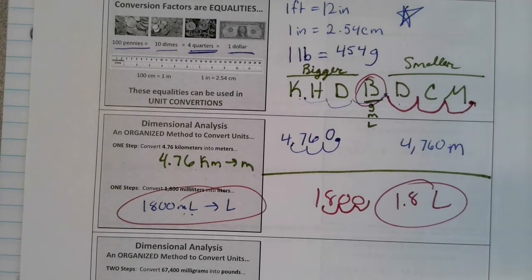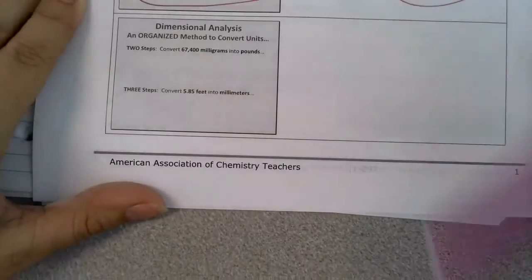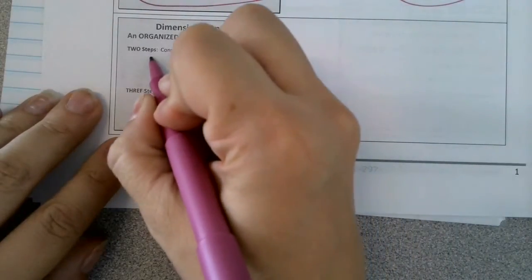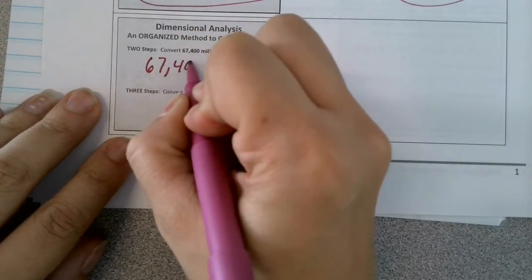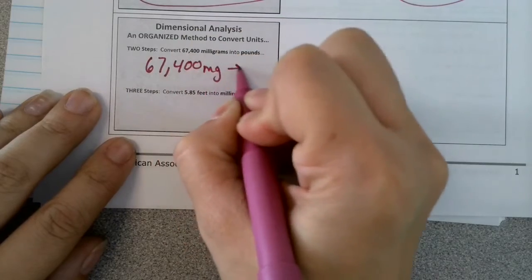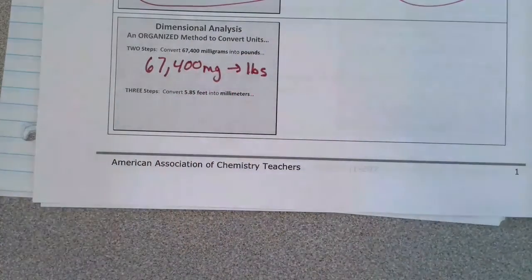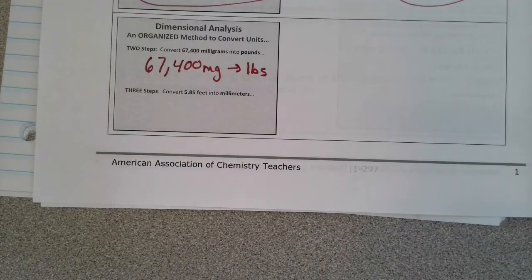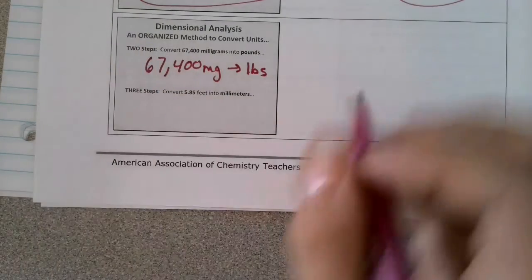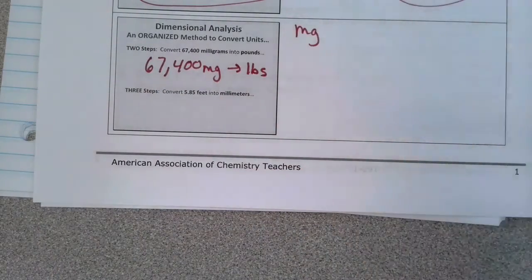So let's look at something that's a little bit more direct. We're going to have 67,400 milligrams, and we're going to go to pounds. This is a two-step problem. I do not have a conversion factor that takes me directly to pounds.